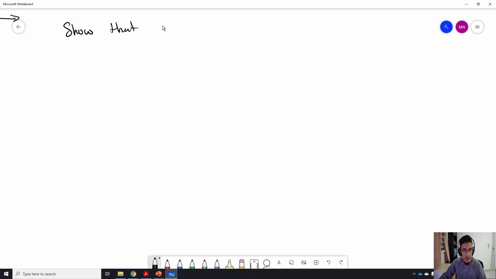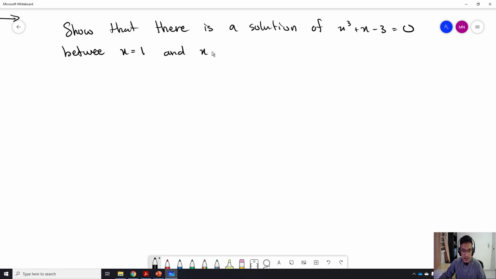Okay, now let's look at an example of solving questions using the Newton-Raphson model to find the approximation value of alpha. So this is the question. Show that there is a solution of x cubed plus x minus 3 equals 0 between x equals 1 and x equals 2.